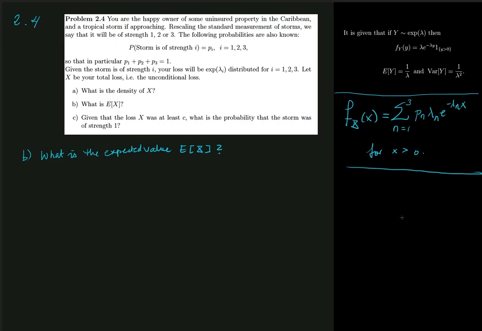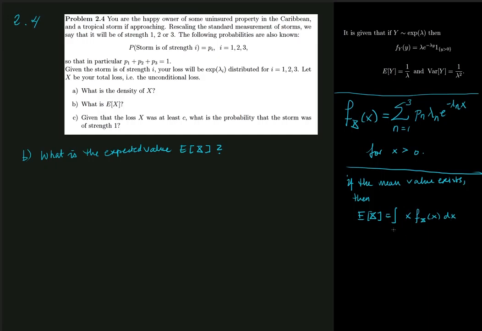So since we know the density of x, it's not hard to find the mean, because if the mean value exists, then the mean of x is just equal to the integral of x multiplied by its density, right?